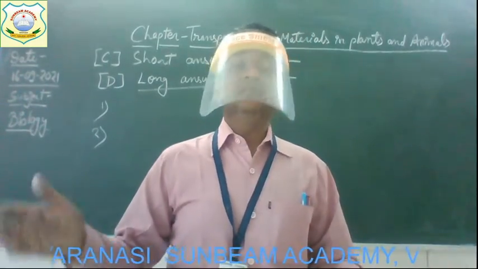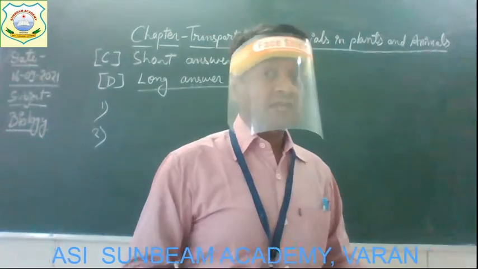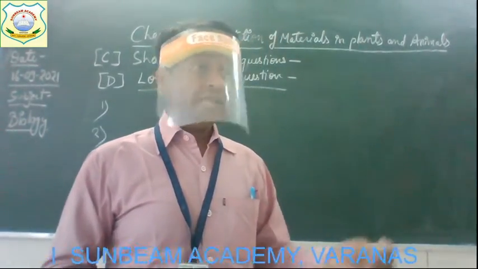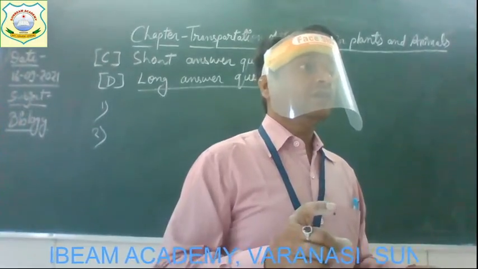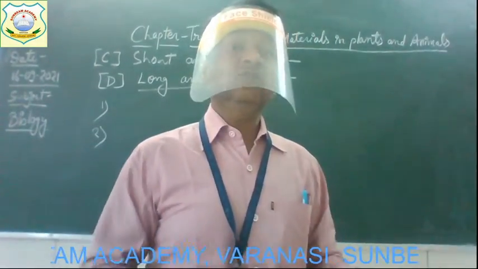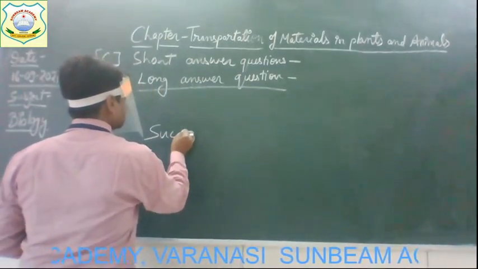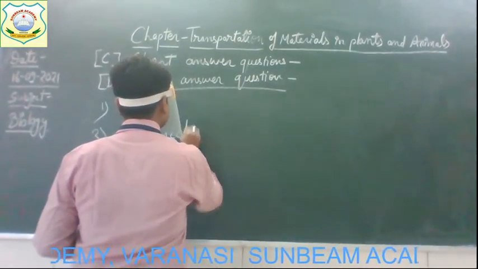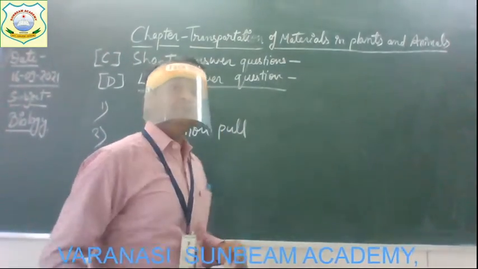So simply, this process of losing excess water in the form of water vapors from a plant is known as transpiration, and it creates a kind of pull that is known as suction pull. What is known as suction pull?